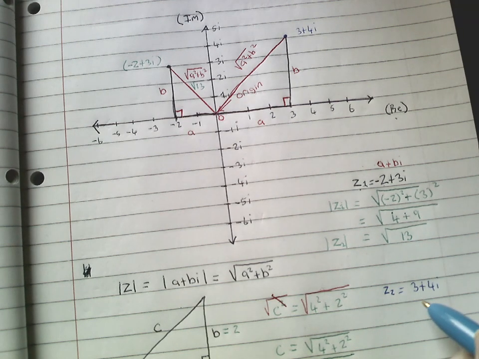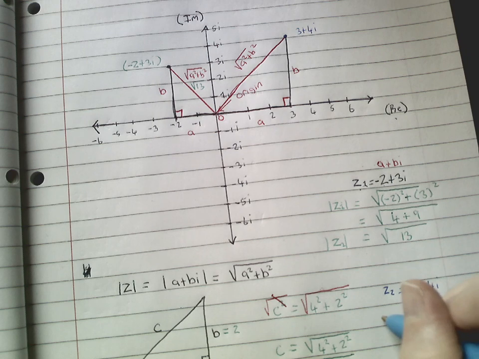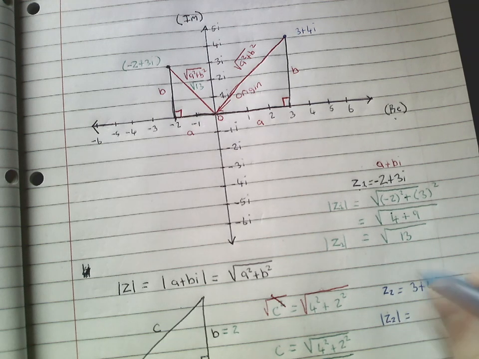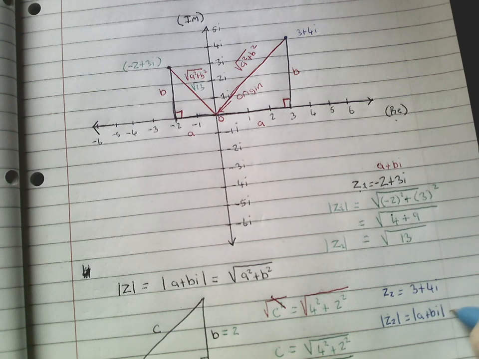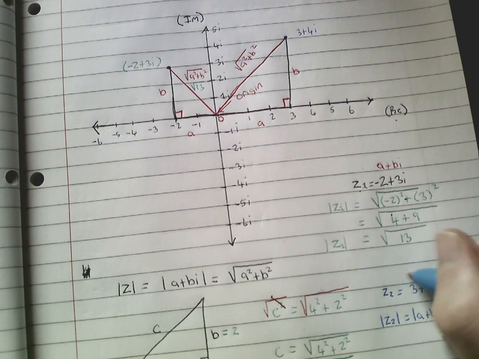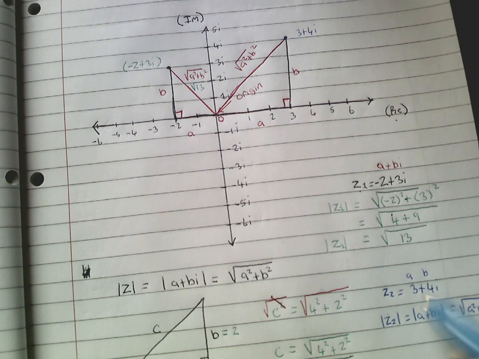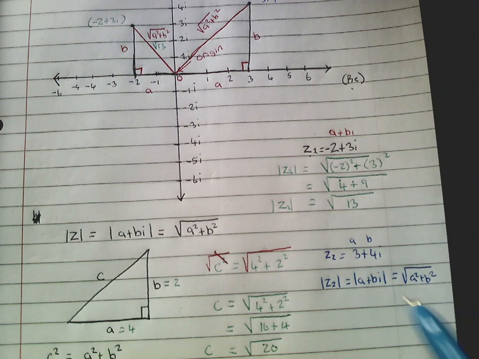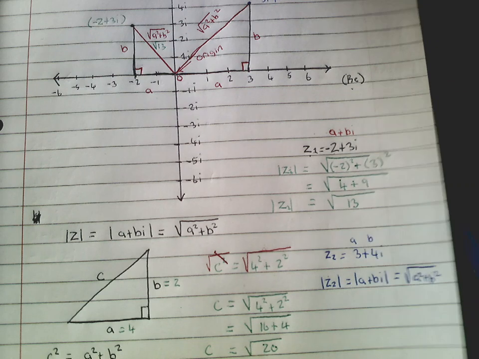Z2 is equal to A plus Bi, and its modulus is equal to the square root of A squared plus B squared. If we look at the complex number, this is the A part and this is the B part, so we can just plug in the values that we have here into our formula.